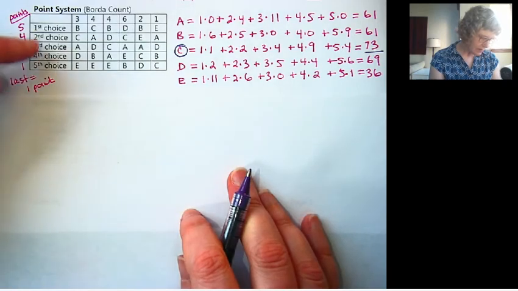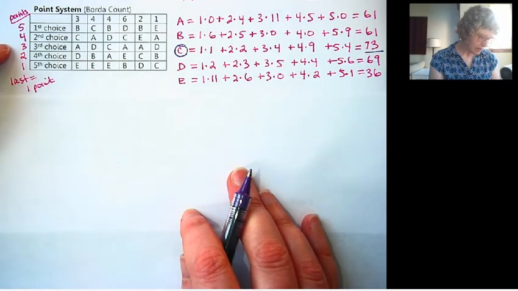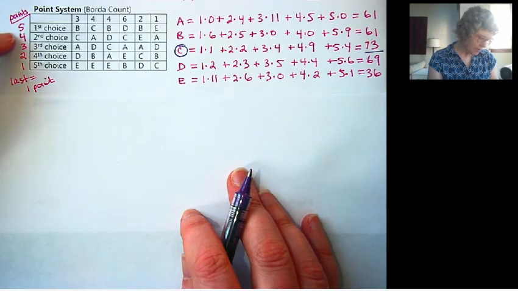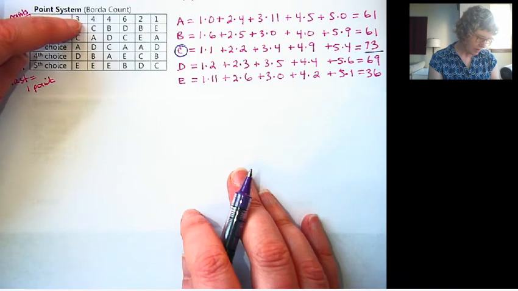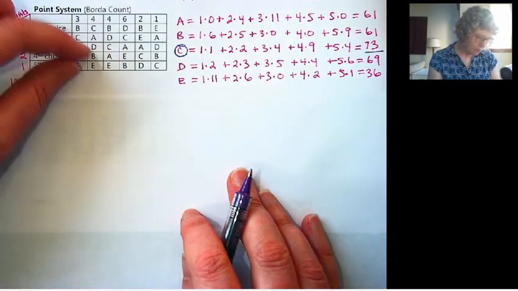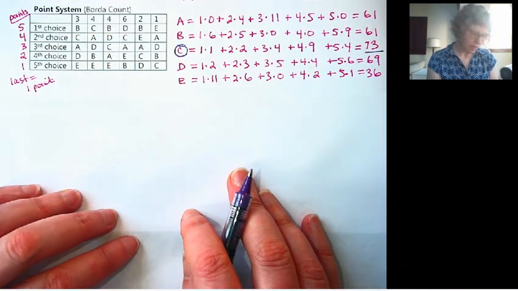So this system tends to be a good compromise system, meaning you have to be high up. The person who is plurality might not win, but if you have more in the middle, you'll probably win.